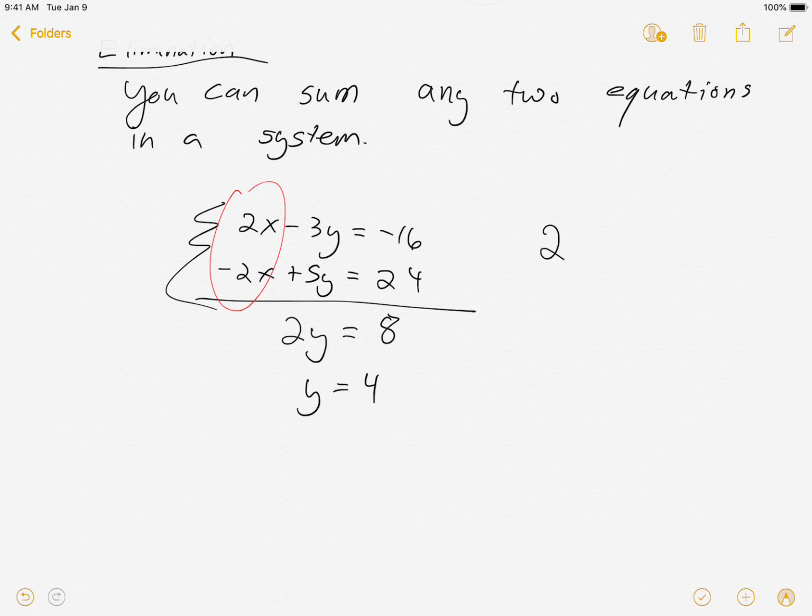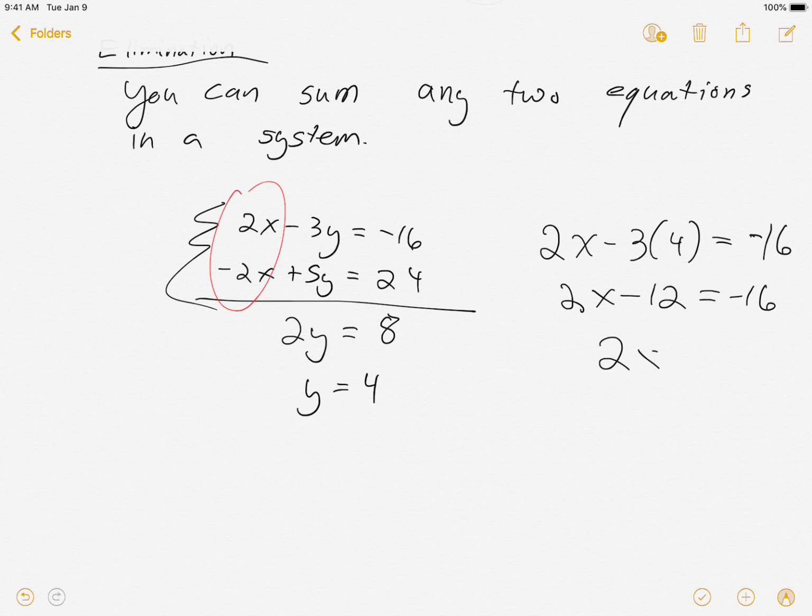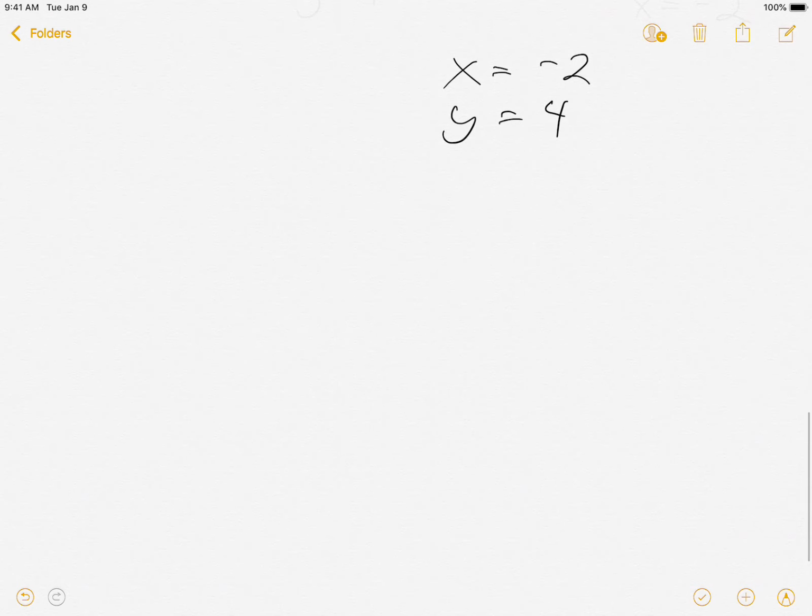So we have 2x minus 3 times 4 equals negative 16. So we have 2x minus 12 equals negative 16. Add 12 to both sides. 2x equals negative 4. And then divide by 2. X equals negative 2. So the solution is x equal to negative 2, y equal to 4. Okay, that's using elimination.